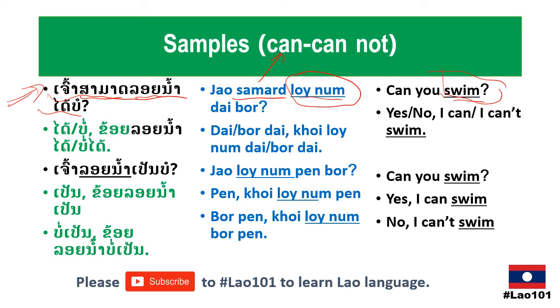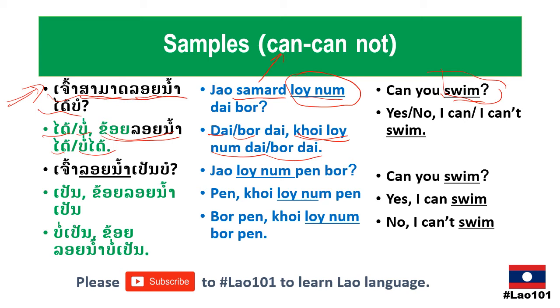You can say เจ้าสามารถลอยน้ำได้บ่ and the answer: ได้ ข่อยลอยน้ำได้, yes I can swim. Or you can say บ่ ข่อยลอยน้ำบ่ได้, no, I cannot swim.